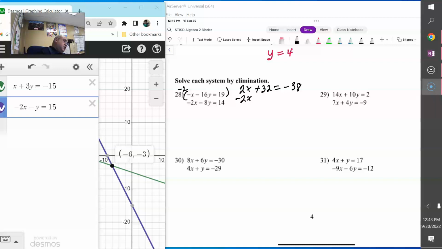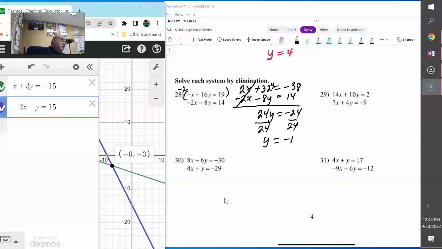And we have negative 2x minus 8y equals 14. Now you notice that the x will cancel, so we have 2x minus 2x. 32y minus 8y gives you 24y equals negative 38 plus 14 is negative 24. Divide by 24. Y equals negative 1.